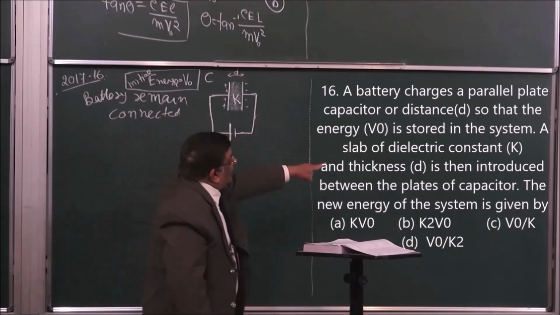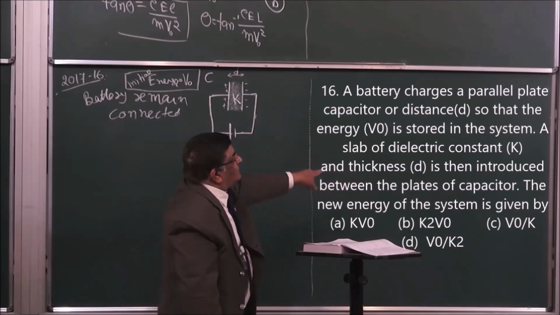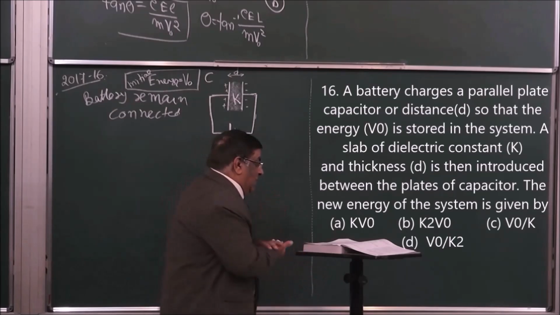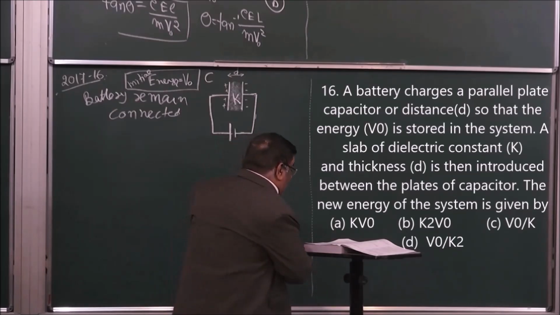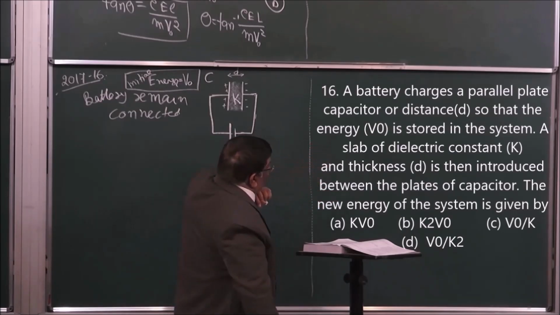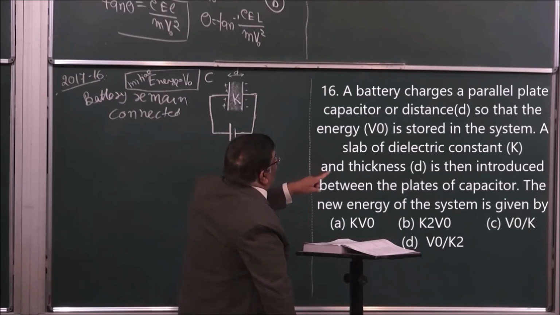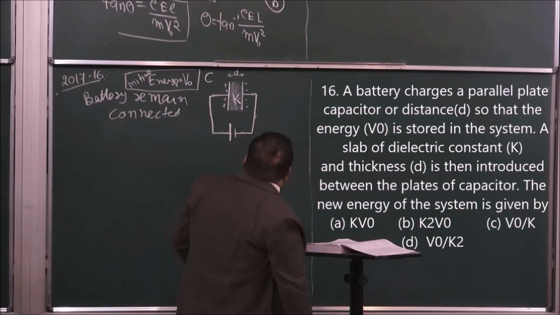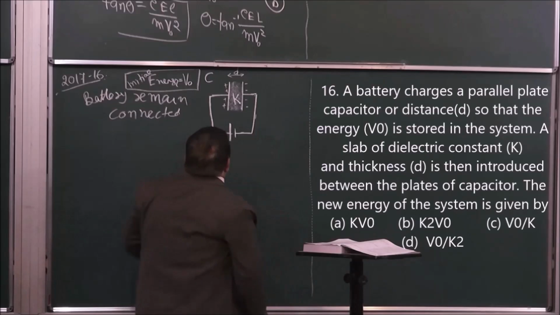And they say the final energy will be one of these four. So we have to find out whether the final energy will increase or decrease. If it increases, then there will be a multiplication of K. If it decreases, then there will be a division of K. We will find it out.